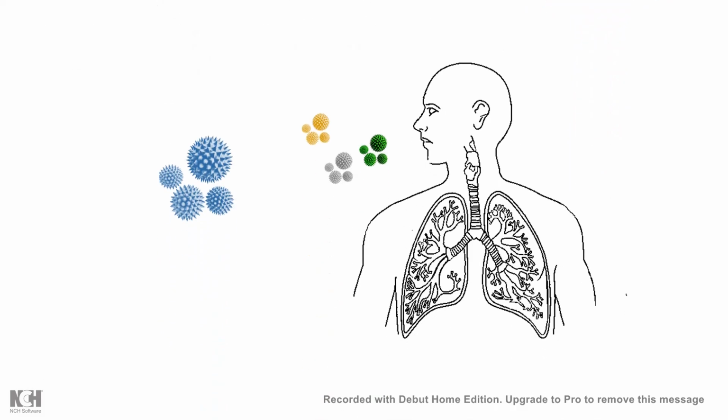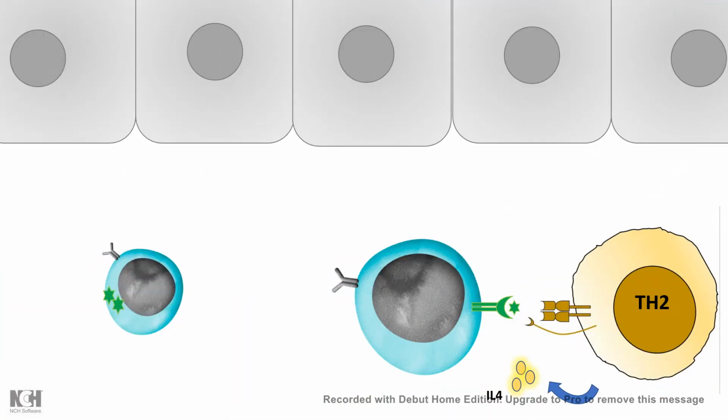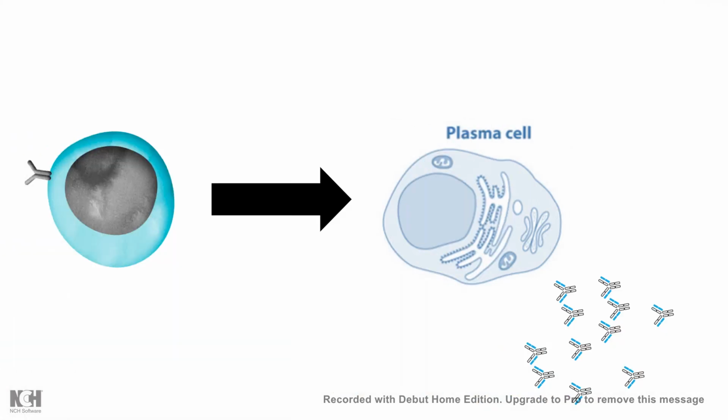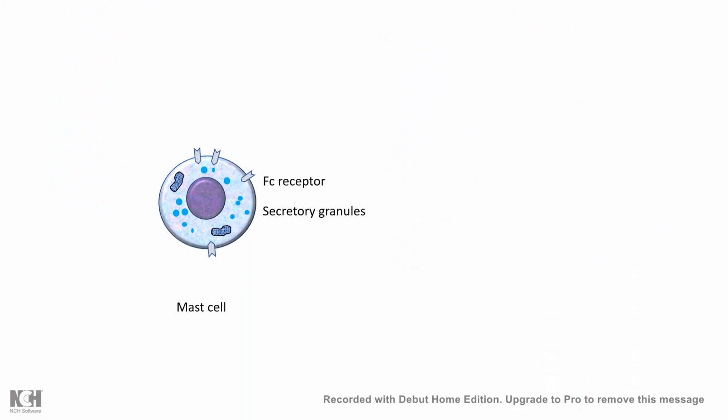Let's say this human is being affected by pollen grains. When the pollen grain enters his nasal mucosa, and the dendritic cells or macrophages encounter the pollen grain, they eventually allow activation of T cells, and these T cells allow the activation of nearby B cells. These B cells soon differentiate to become plasma cells, and the plasma cells secrete IgE. By that time, the mast cells are also getting primed.